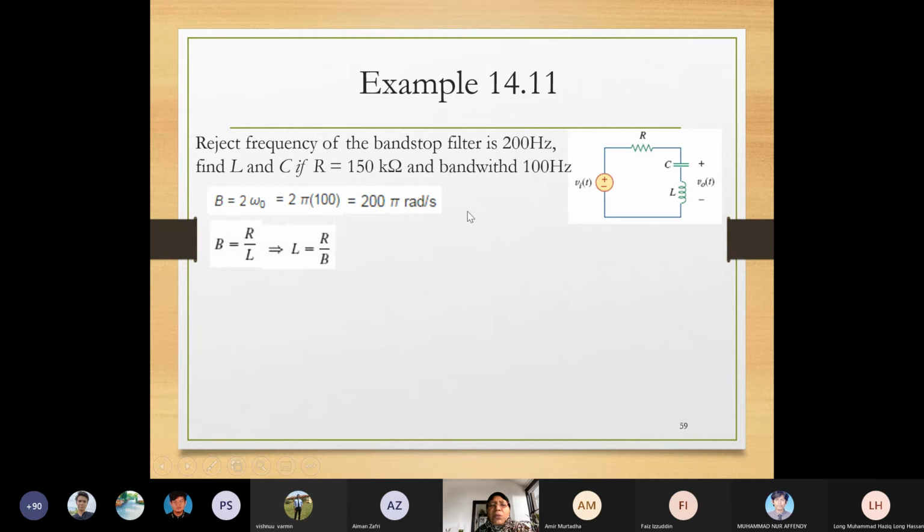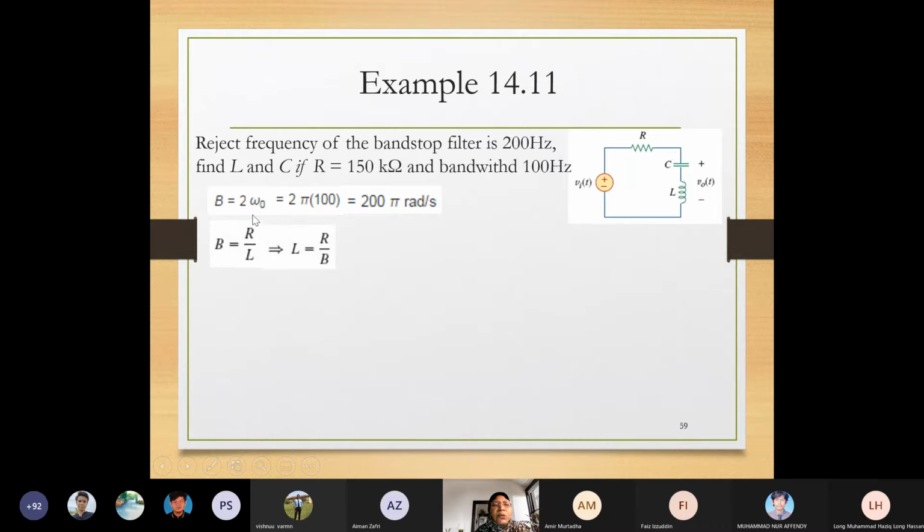So you can use the equation for resonant frequency, and given a bandwidth, we can obtain the low cutoff, the half power frequency. The bandwidth equals twice the resonant value, 2 times omega naught.